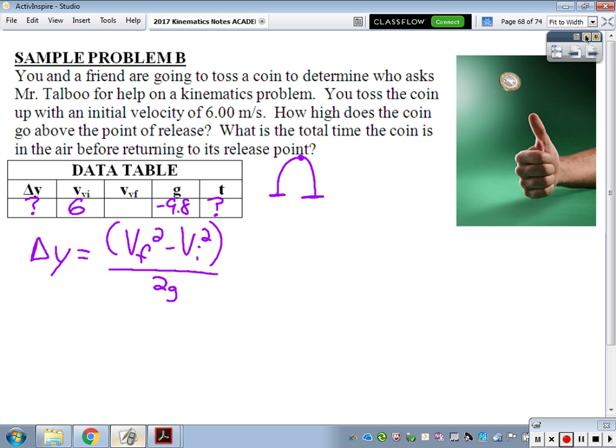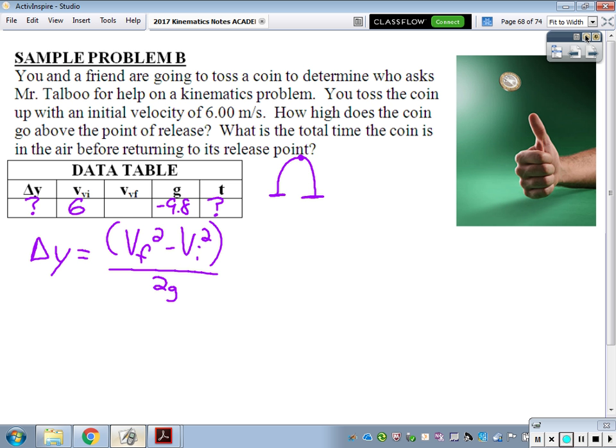But here's the other nice thing about this. When we manipulate that V final, we know one other spot where we know another velocity. Where is that point? At our maximum height. And in all instances, for anything moving vertically, what is the velocity at maximum height?